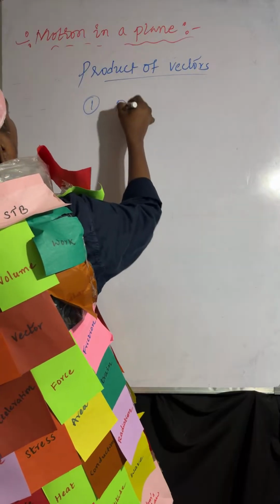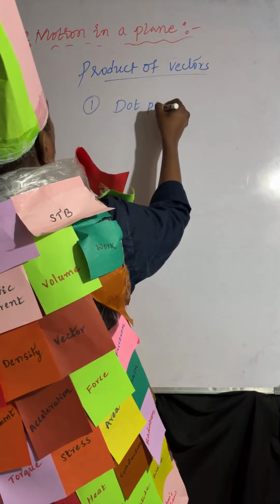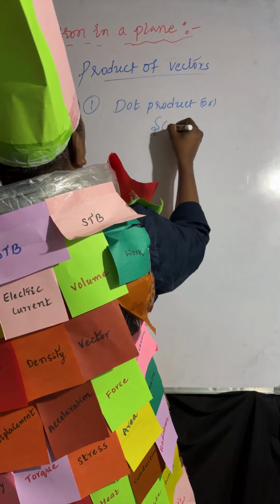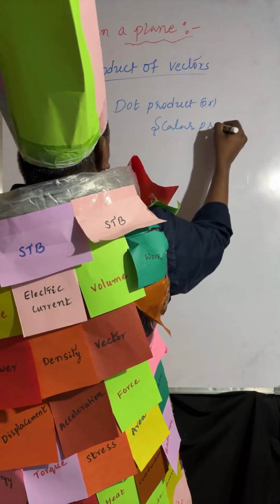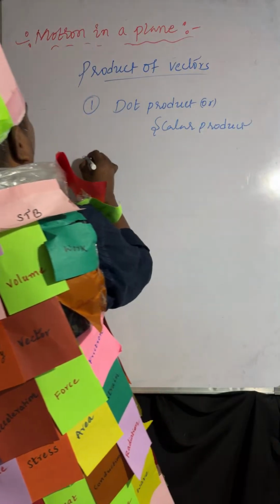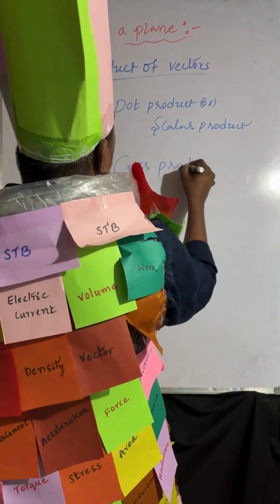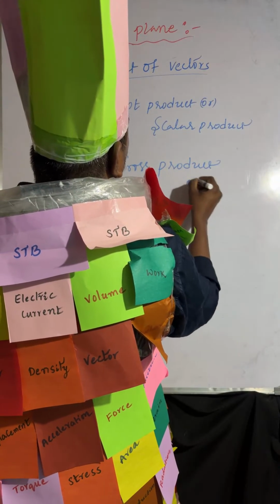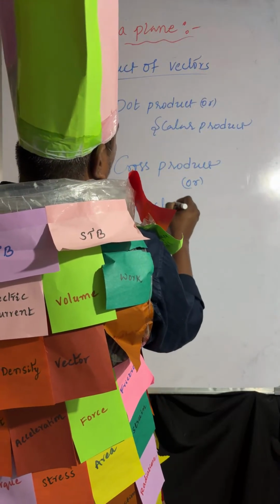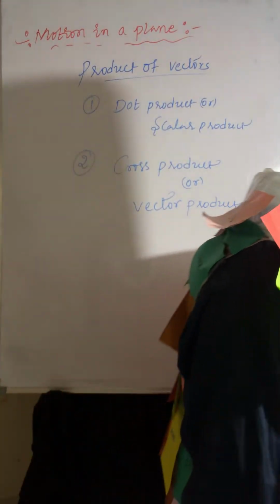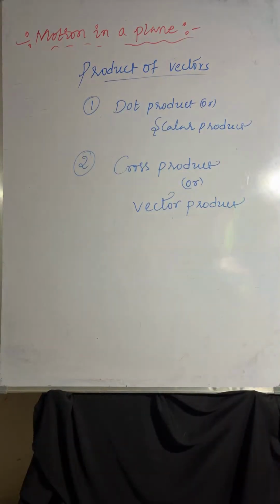One is the dot product or scalar product. The second one is the cross product or vector product. Understood or not?